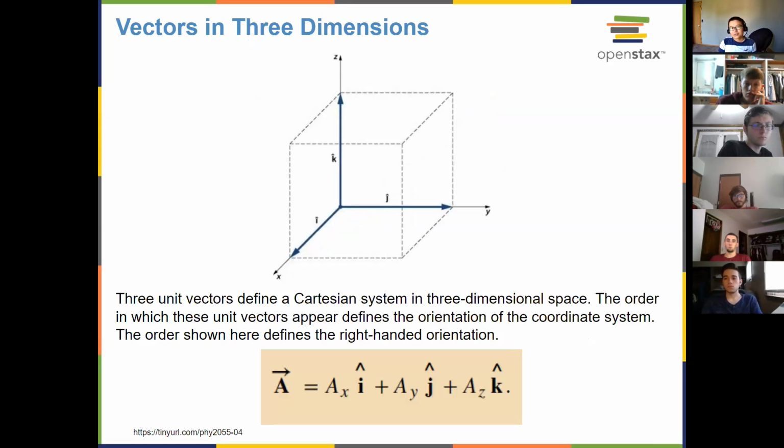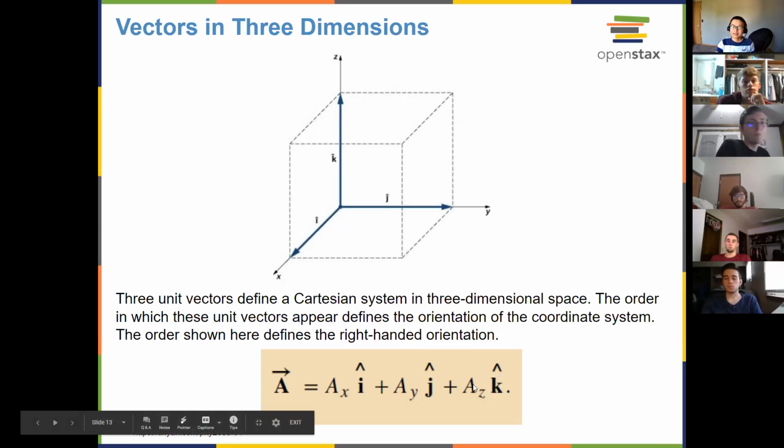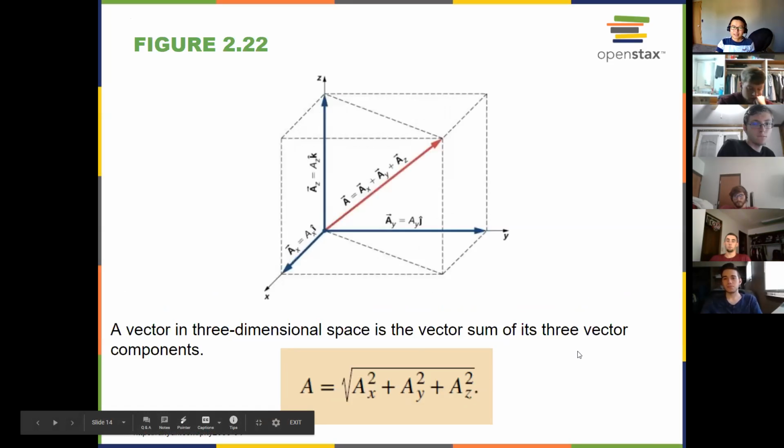And last time we also talked about vectors in three dimensions. In addition to the two-dimensional vector, you just add a third component, the z component, in the k direction, the z direction. In that case, the magnitude will be the square root of ax squared plus ay squared plus az squared.